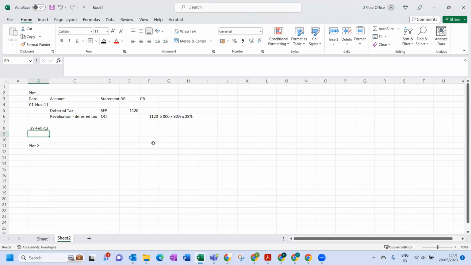Because we are making a gain, profits are increasing, so tax will increase. An increase in tax decreases equity, and equity decreases on the debit side. So over here, we're going to have income tax P&L, and deferred tax balance sheet.